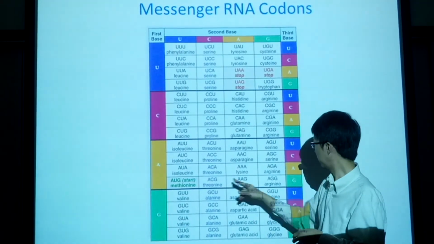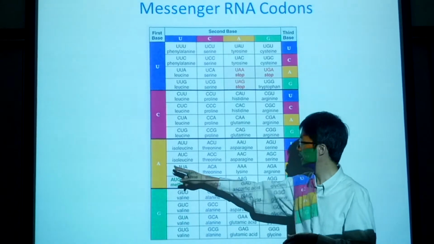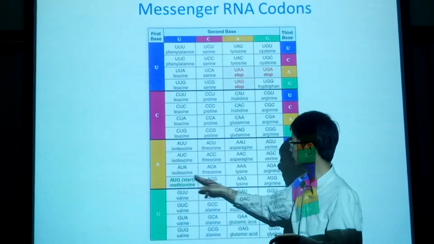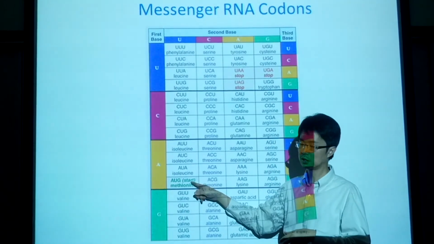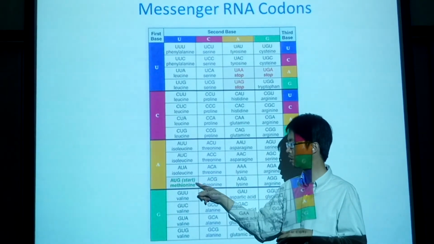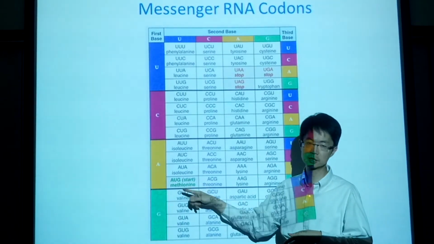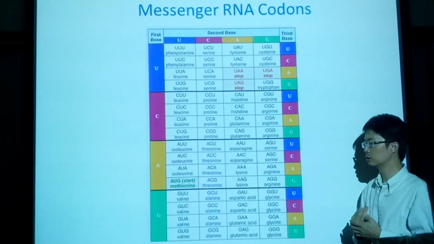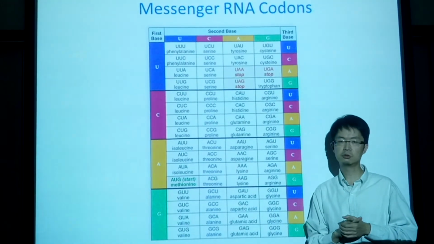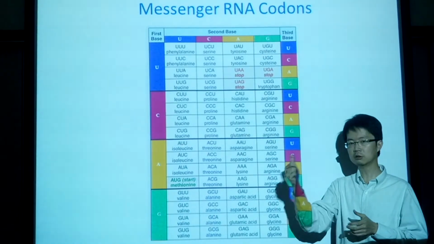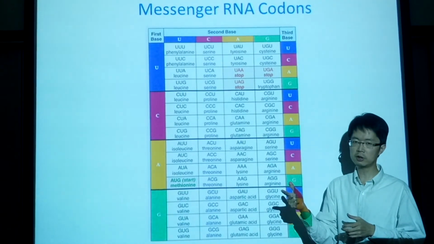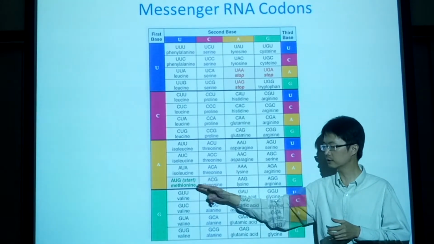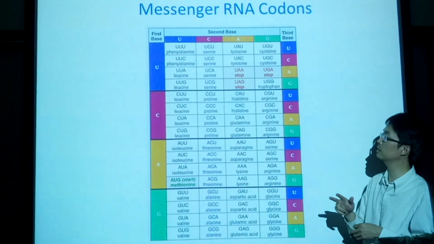This one is called AUG. AUG we call the start codon. Start codon AUG always codes for methionine. This is something that I ask you to memorize. It is better for you to memorize it.